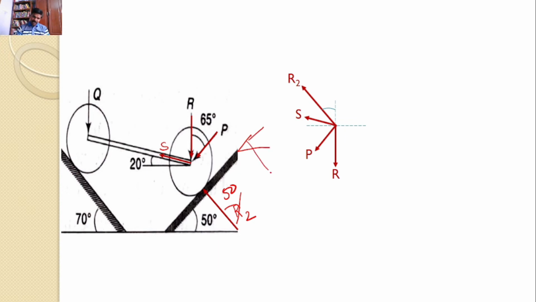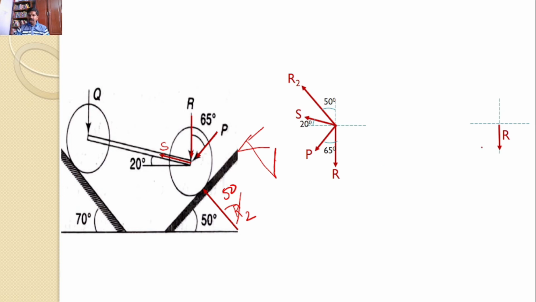Hence its perpendicular makes the same angle, 50. S makes an angle 20 with the horizontal, that is given. P makes an angle 65 with the vertical, that is also given. And R, of course, is vertical. Now there are four forces, so we cannot apply the sine rule. We need to resolve all the forces along the x-axis and y-axis.